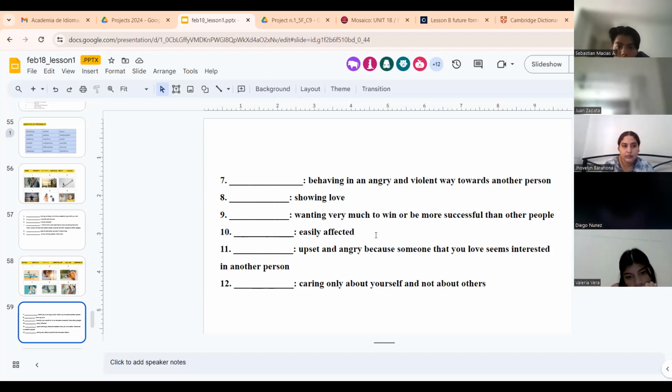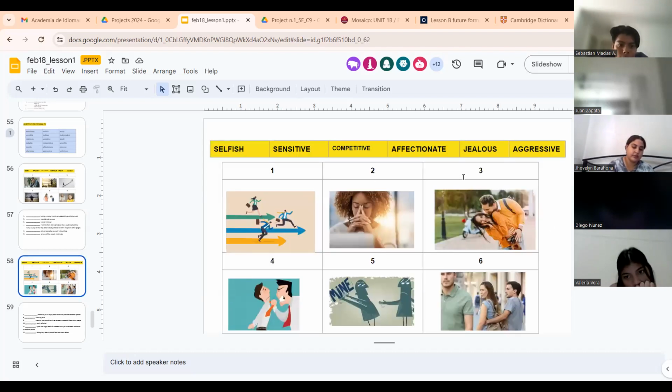Easily affected. That is sensible. Or sensitive. Sensitive. The right word is sensitive. Remember that sensible means wise and rational. That's the difference, okay? Thank you, Sebastian.